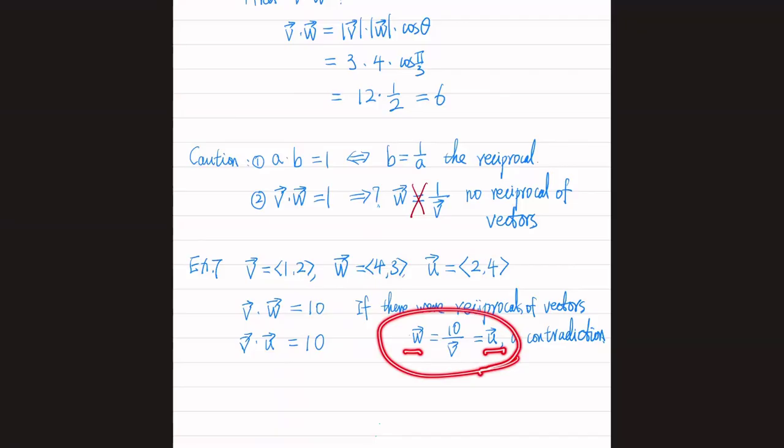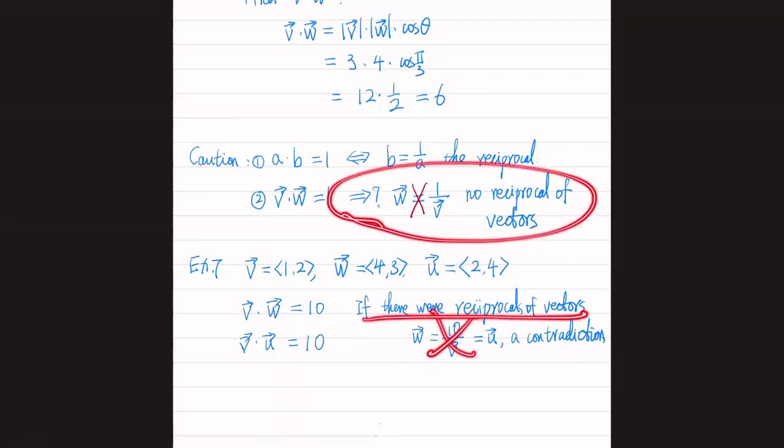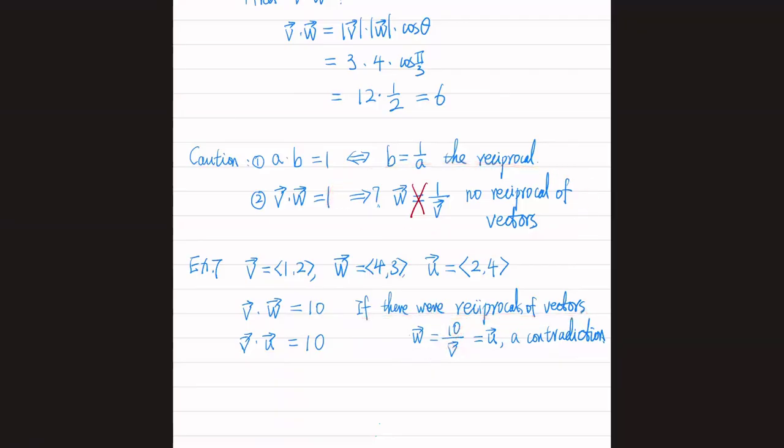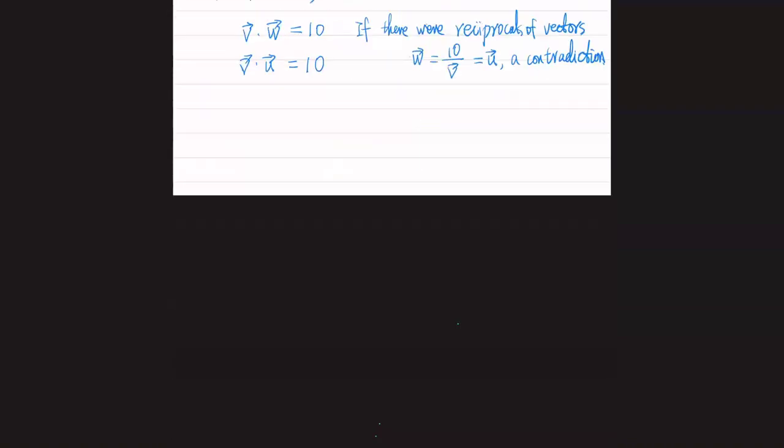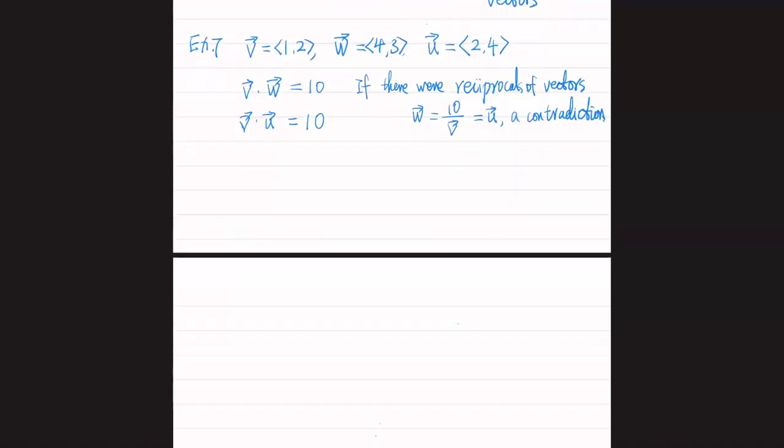So this is a mistake. We cannot have a reciprocal of vectors. There's no division. Unlike numbers, where if the number is not zero, then you can divide by it. But for vectors, there's no such thing. Okay.